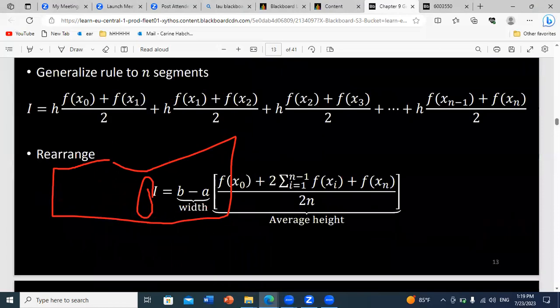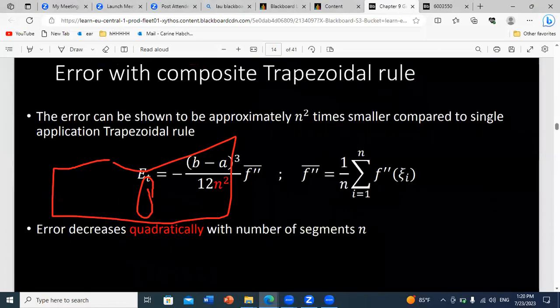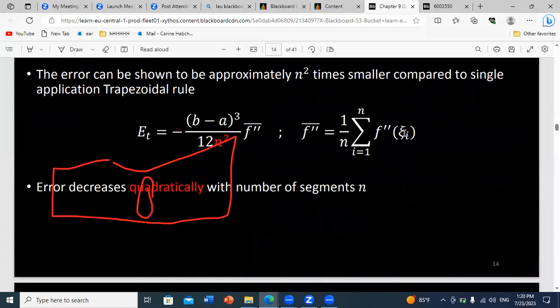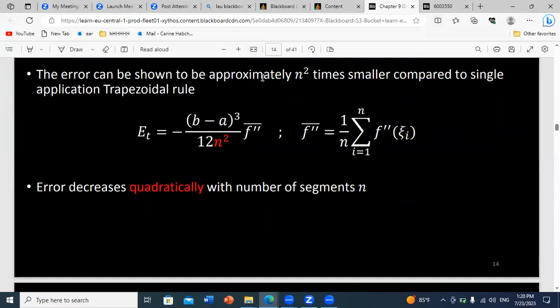And this is the form that I will give you. I will give you this, not the other one, because you don't know where is epsilon. So a better approximation for the error is the following one. E equal to minus (b minus a) cubed over 12 n squared times f second average. And also this f second average, we cannot know it exactly. We can do an approximation for it.